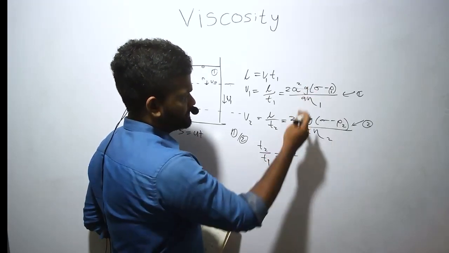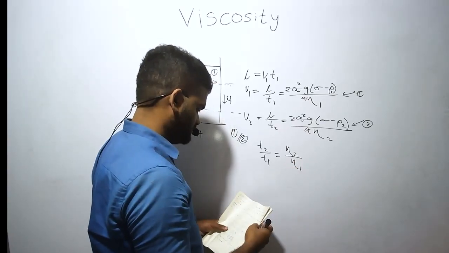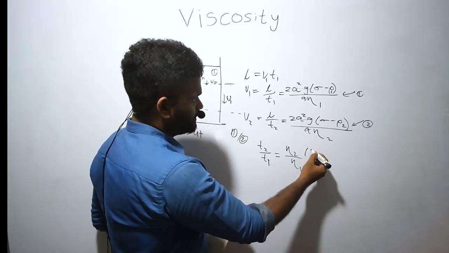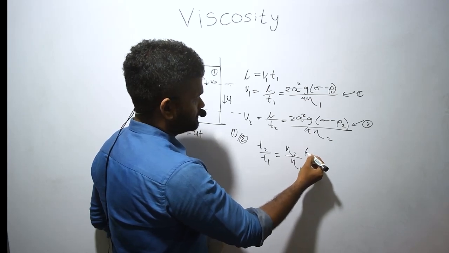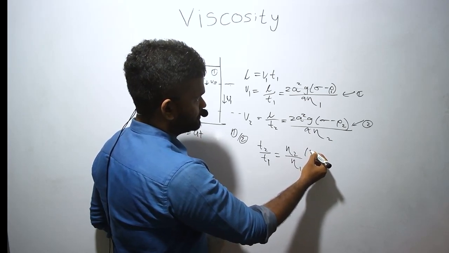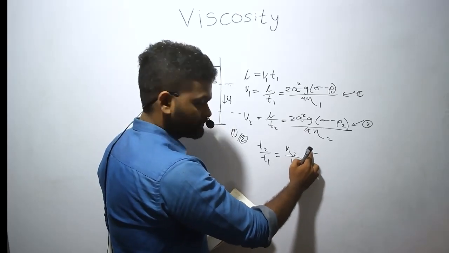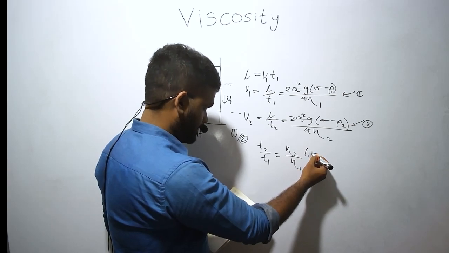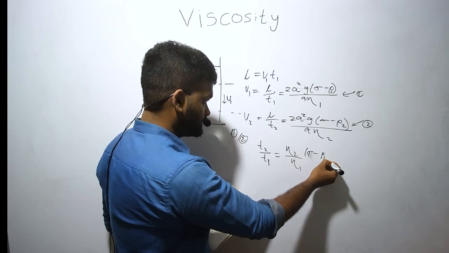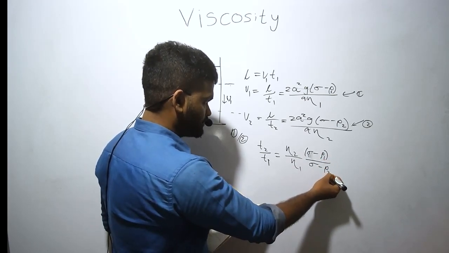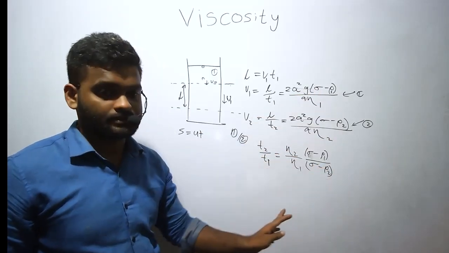Eta 2, everything flips, divided by eta 1, times sigma minus rho 1 divided by sigma minus rho 2. You can do these calculations again and then find that out.